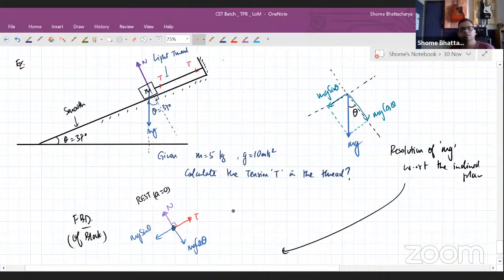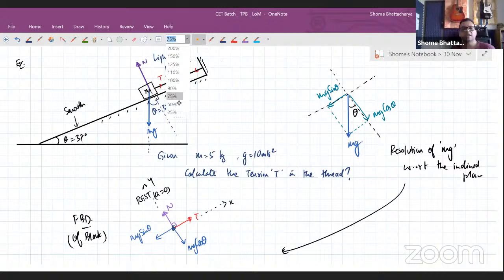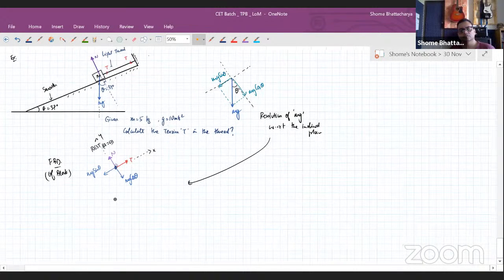Okay, and we see that along our x-axis and along our y-axis, the forces are balancing. So that gives us the tension.